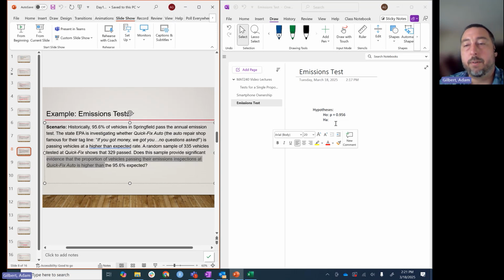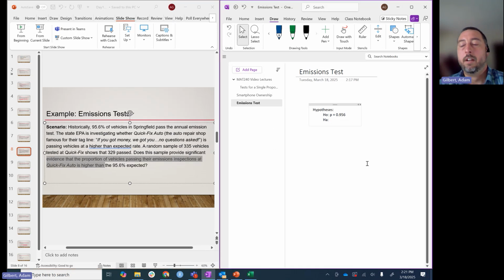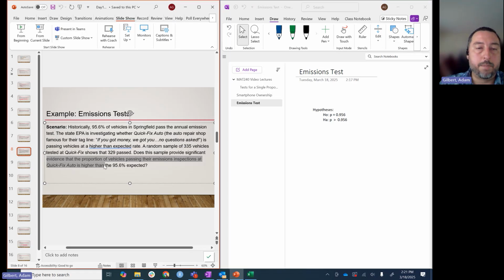And so the symbol that we're going to use in the middle here, remember we get the p for free, we get the 0.956 for free. It's just what goes in the middle that we need to figure out. But here, that's a greater than symbol, again, because we're wondering whether the proportion passing is higher than the expected value. So we have those hypotheses.